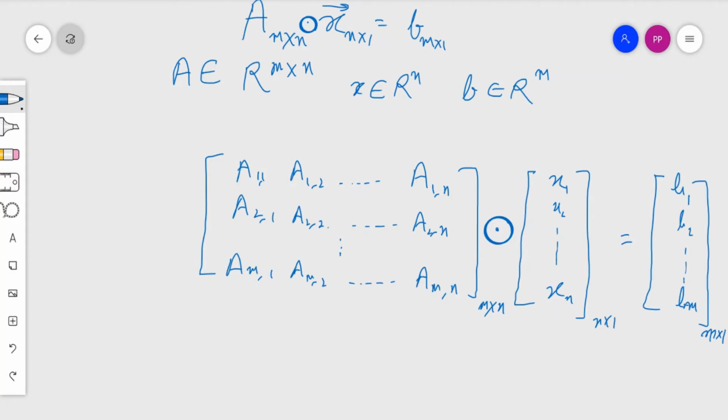Now let us recap the idea of identity matrix.